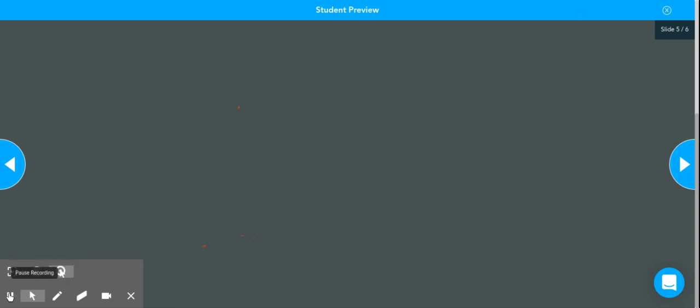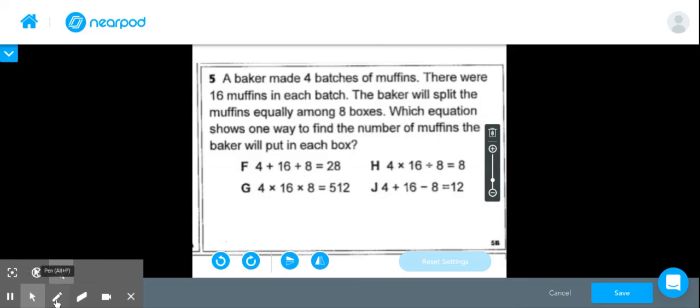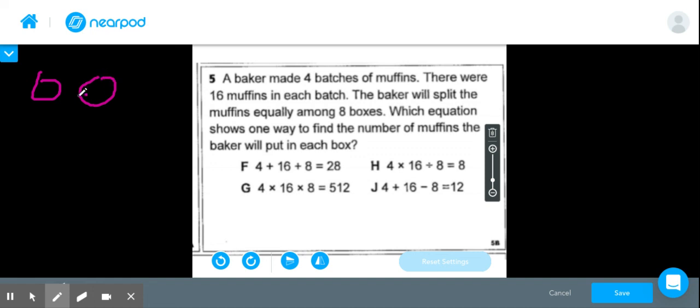Oh, let's see if it'll load. Okay, the last one says a baker made 4 batches of muffins. Okay, so we've got 1, 2, 3, 4 batches, and there were 16 in each batch. So we automatically know that is a multiplication problem to figure out how many muffins that baker made.